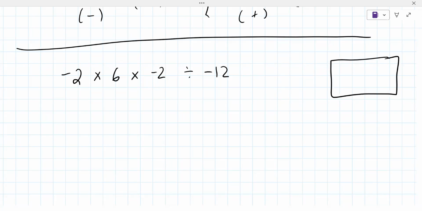Would it be... never mind. That would be negative 14. Negative 14 divided by 12.